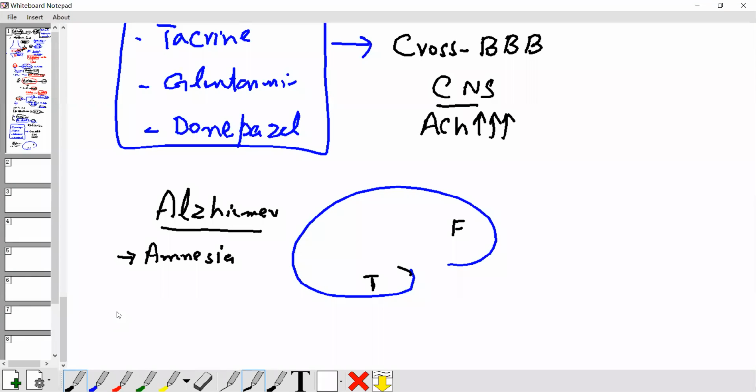Number two, dementia. What is amnesia? It's just short-term memory loss. The patient is not able to recall previous information, and not able to learn new information.